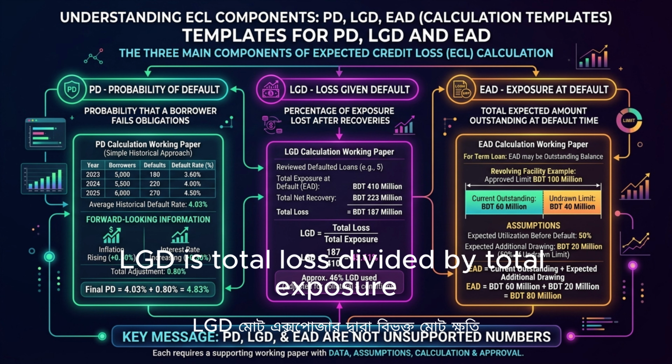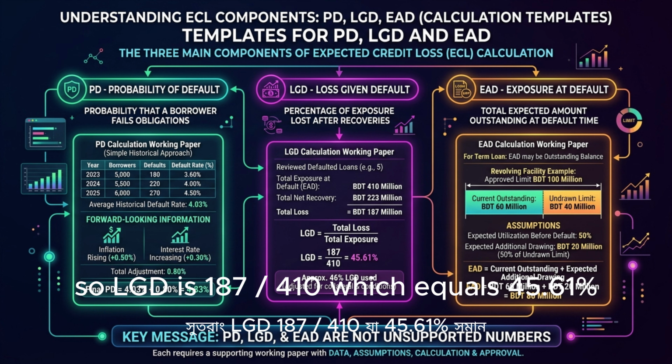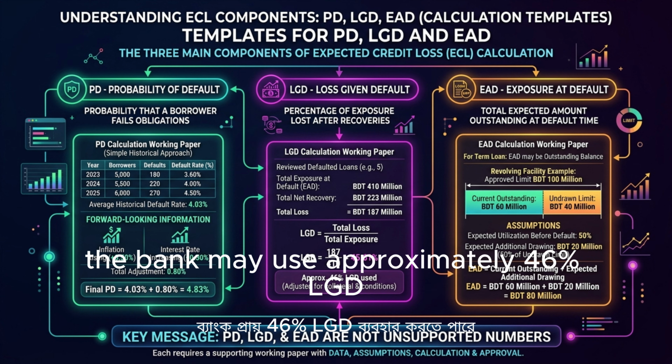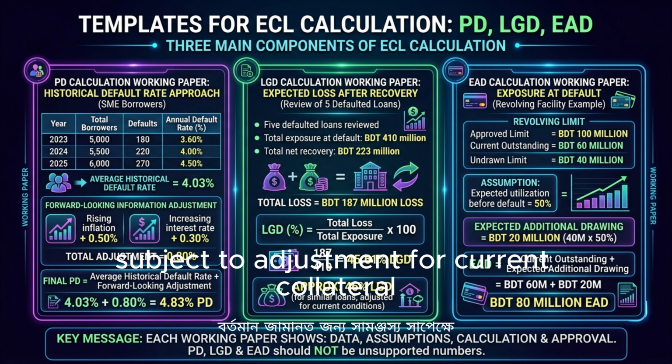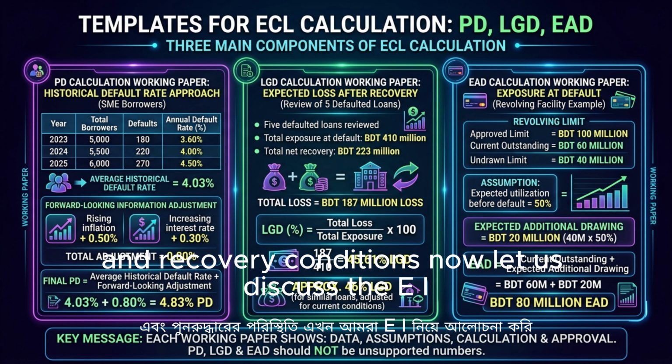LGD is total loss divided by total exposure. So, LGD is 187 divided by 410, which equals 45.61%. The bank may use approximately 46% LGD for similar loans, subject to adjustment for current collateral and recovery conditions.